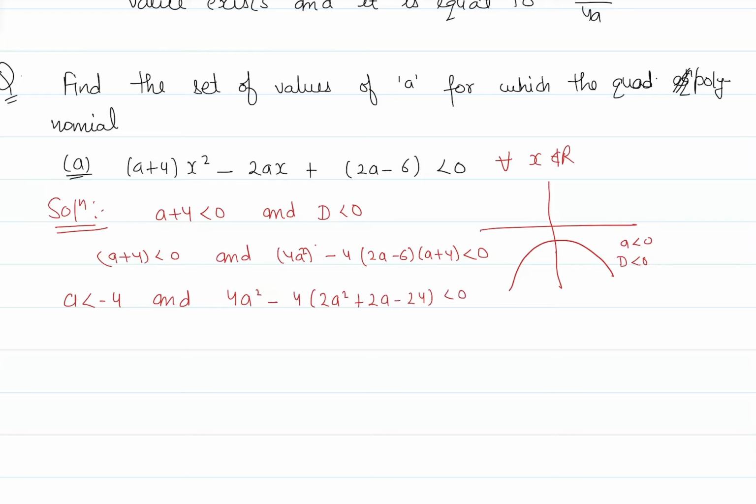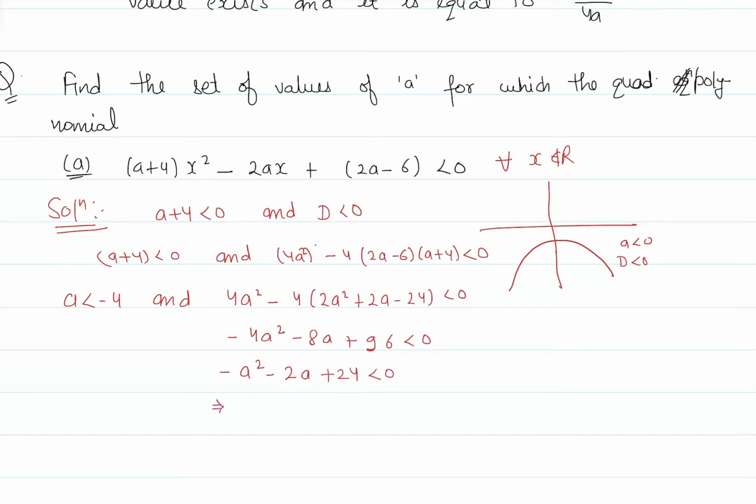Take 4 as a common term and divide the whole equation by 4. We get a square minus 2a square minus 2a plus 24 is less than 0.